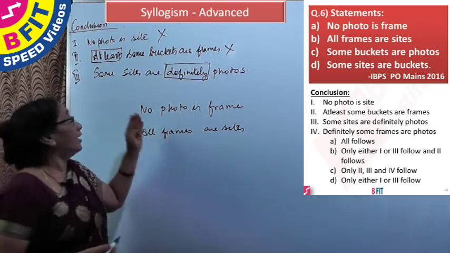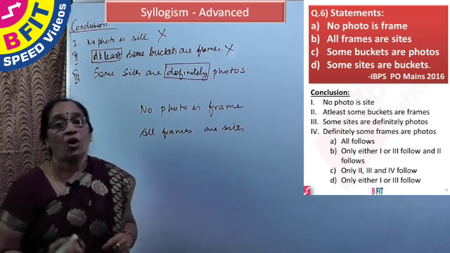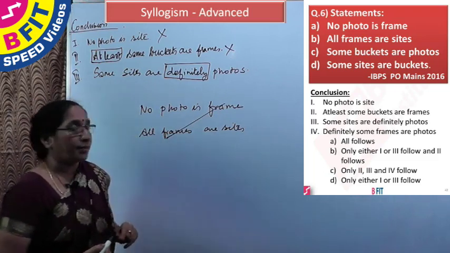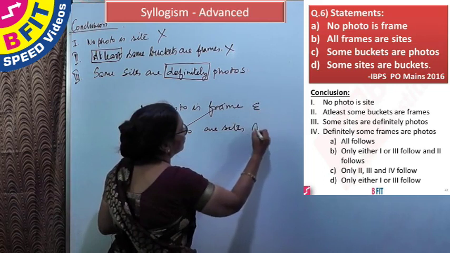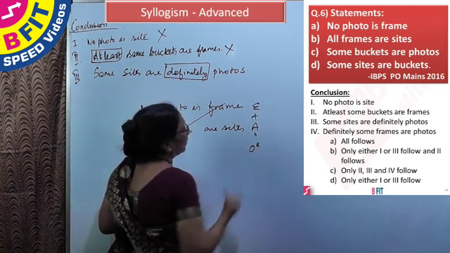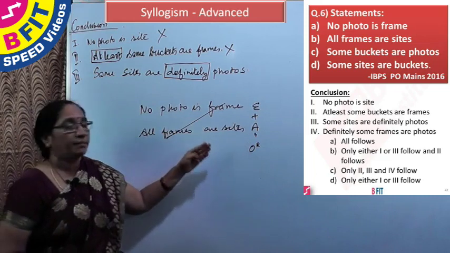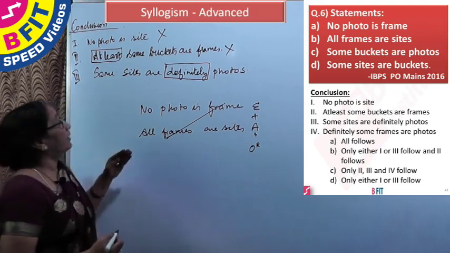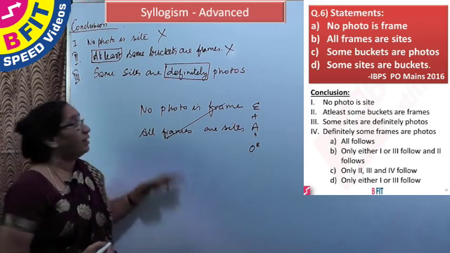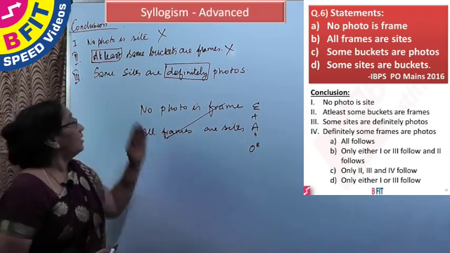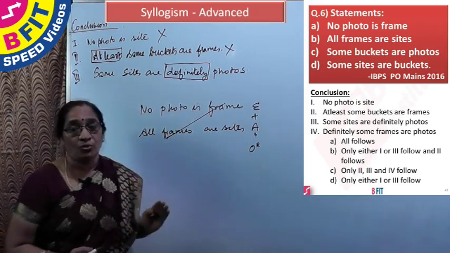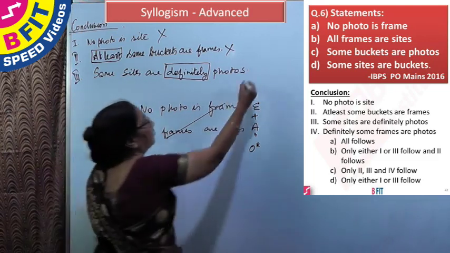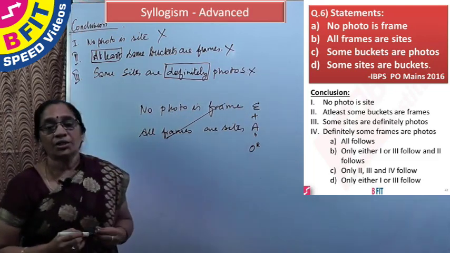We'll have to now check whether some sides are photos is true or false. The common terms are aligned properly. When you combine an E statement with an O statement, you will get an O reverse statement, which is a negative statement, and from that we will not be able to arrive at a positive statement, and hence some sides are photos is not true, and hence some sides are definitely photos will also be false. Hence, the third conclusion is also false.